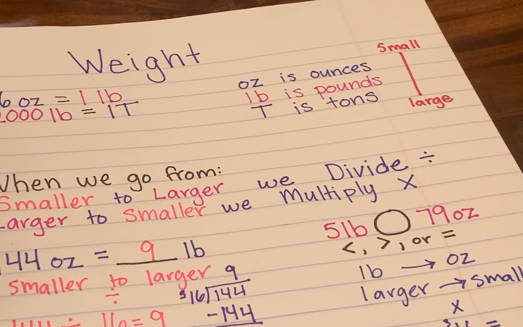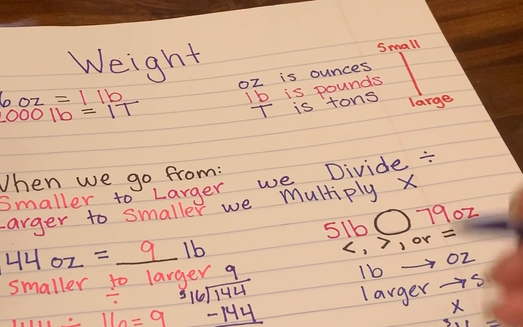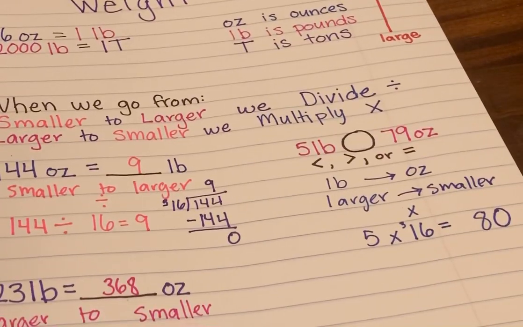Now I can check really quick, and I know that 16 plus 80 is going to give me 96. And I also can do subtraction, which probably would have made more sense. 80 minus 16 is not going to be equal to 79. So I know that I probably saved myself a little bit of work by just doing the multiplication. I'm going to push this up a little bit, guys.